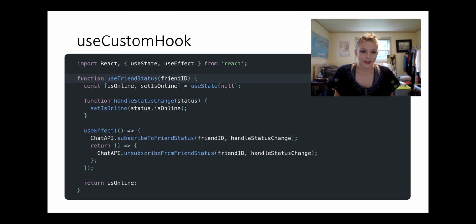And two, it's a function with that naming convention that uses other predefined hooks within it. So here, you have this custom hook called useFriendStatus, and then you're using within it useState right over here and useEffect right over here.